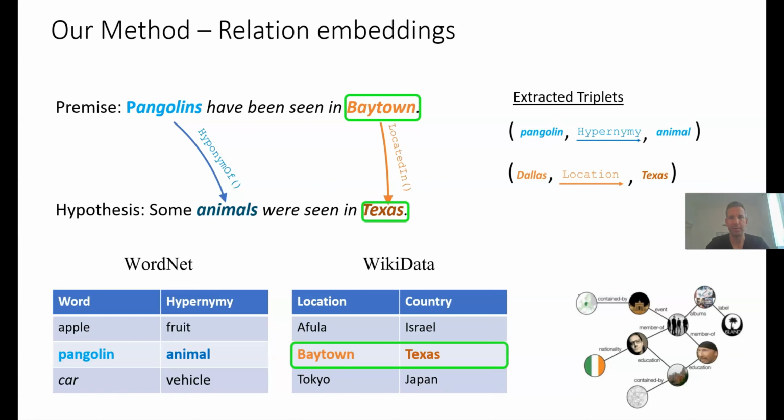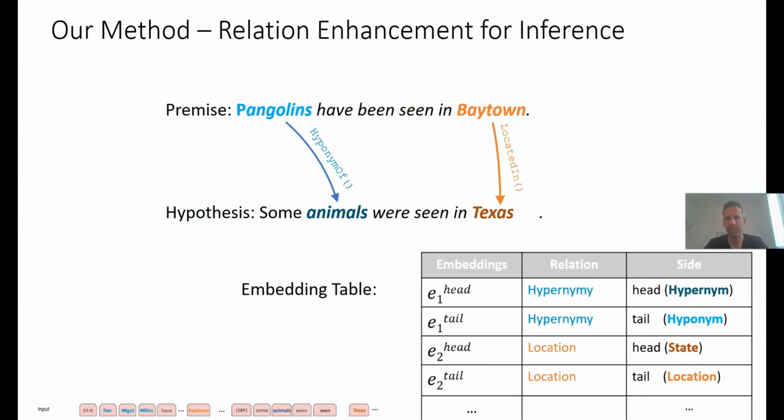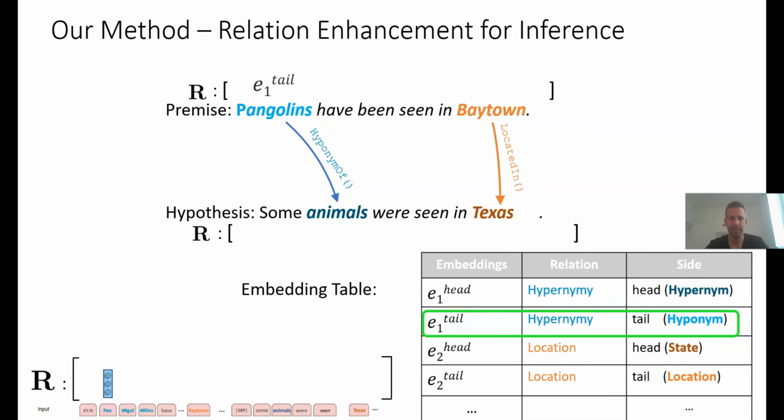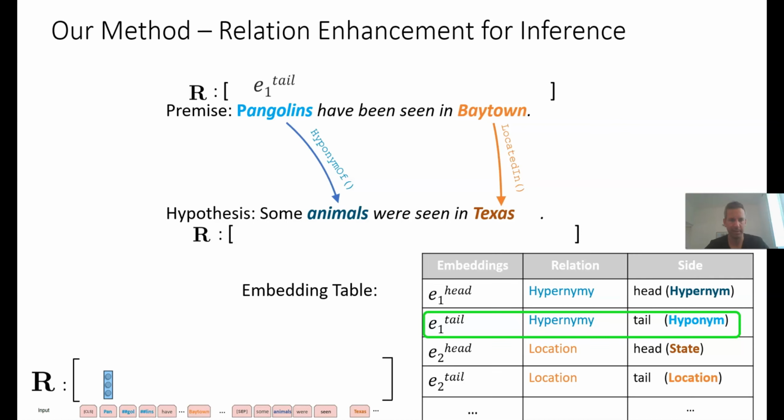Now that we have extracted the triplets and the relation embedding vectors, we can create a relation embedding matrix R with one embedding vector corresponding to each of the input tokens. So, for example, to represent the fact that pangolin and animals are related by the hypernymy relation, we take the embeddings of hypernymy tail and place it in the index of the first token of the entity pangolins.